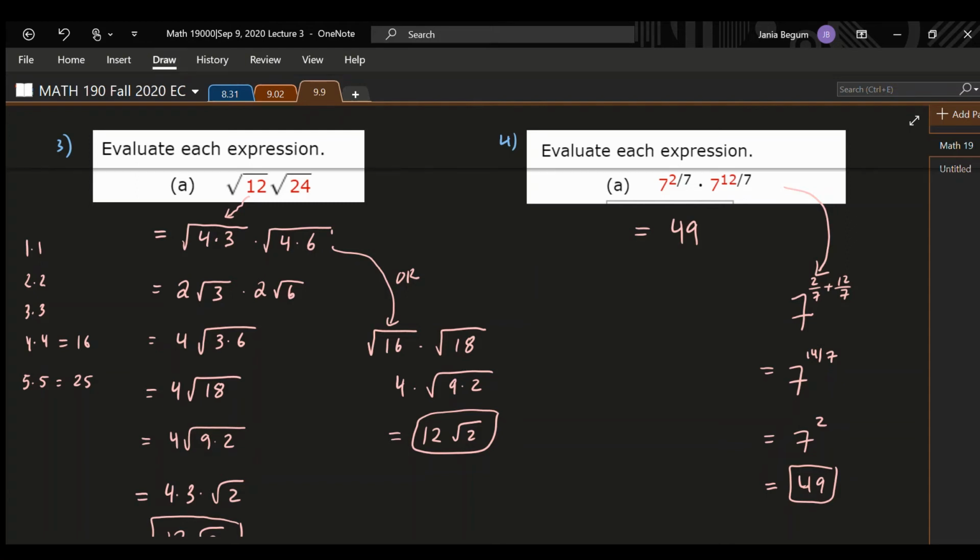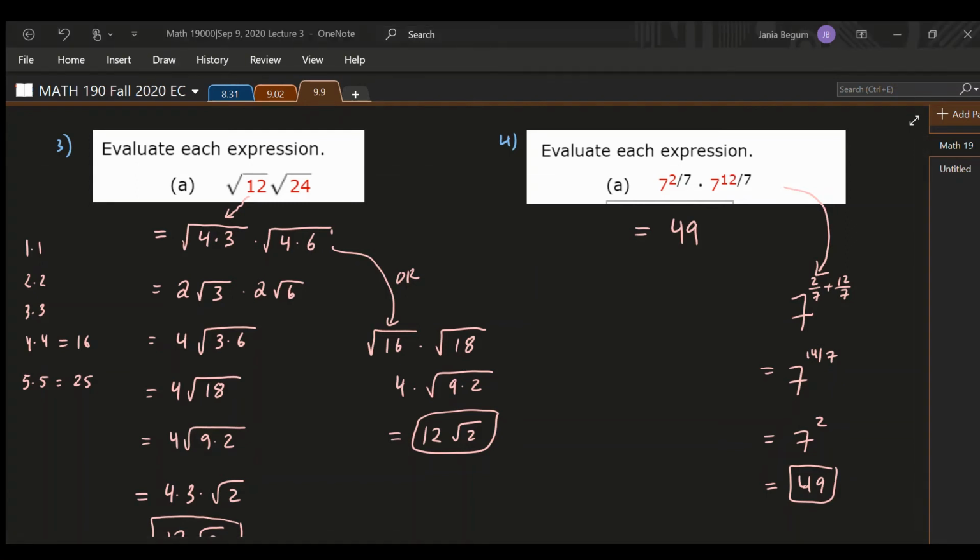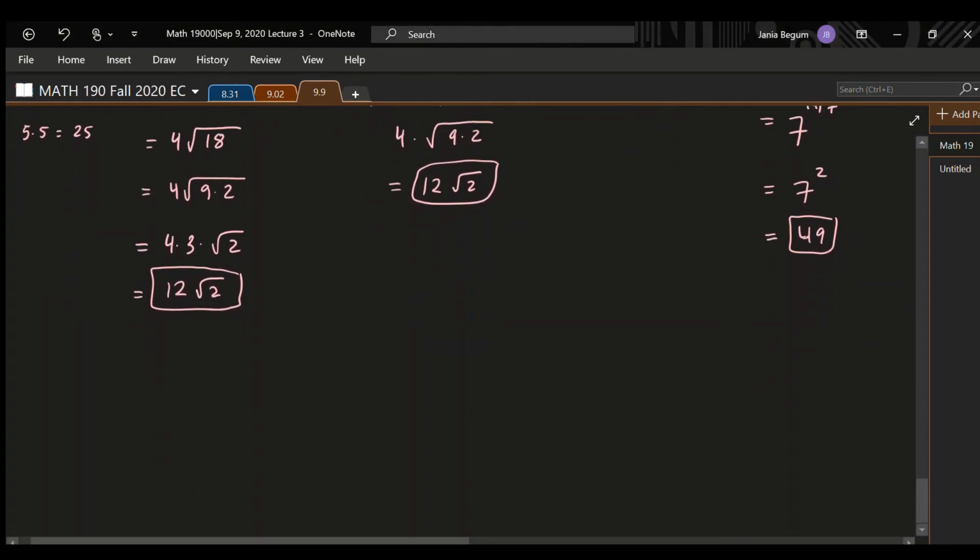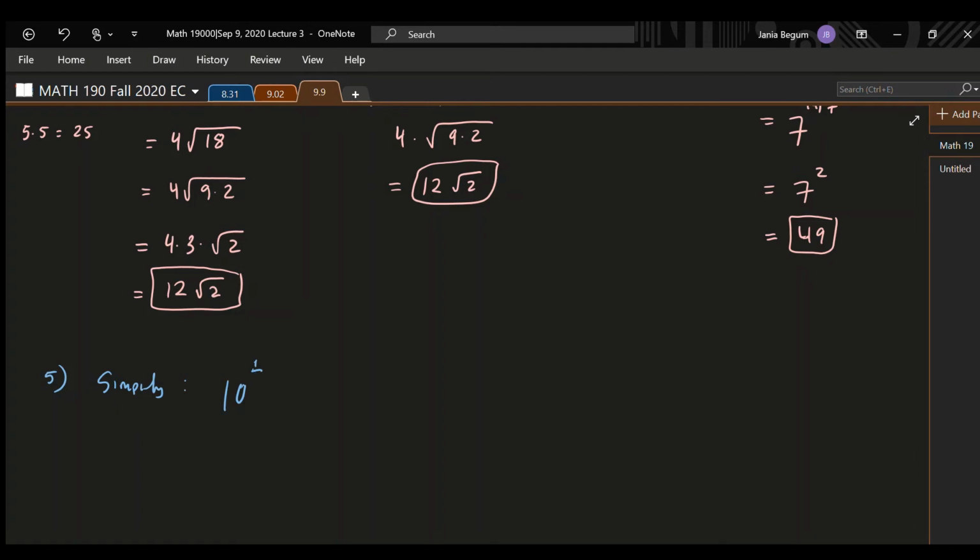Okay, so let me give you another example similar to number 4. That way you get to practice a little bit more. So here I want you to again simplify. So say you want to do 10 to the 1/3. Okay, it's so hard to write fractional exponents.